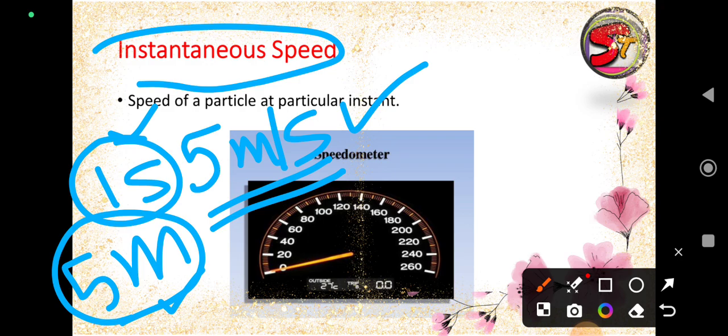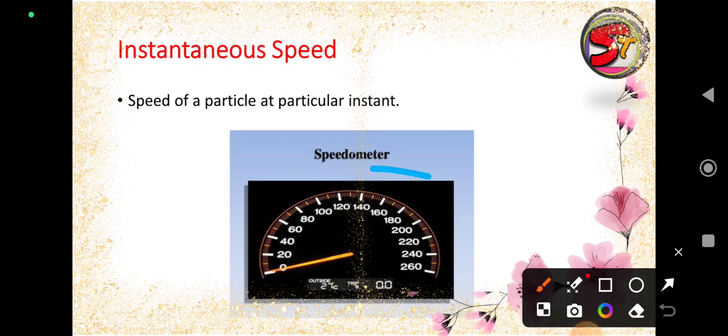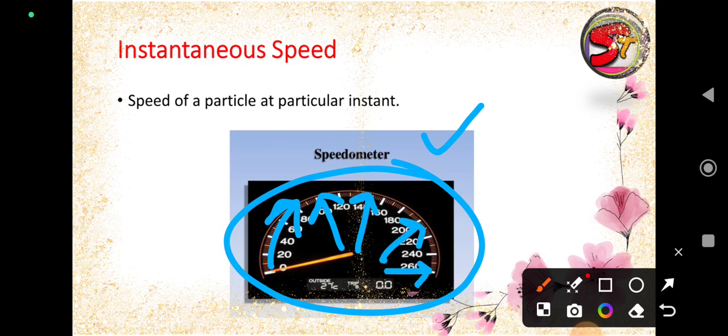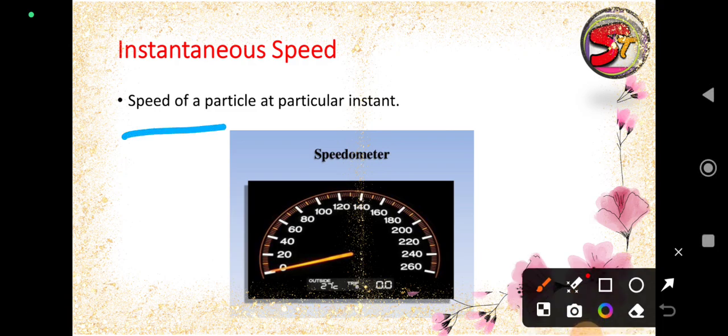In our bike, we have seen this type of figure. This is nothing but what? Speedometer. It means at every instant it will show us at what speed the object is moving, right? So the speed of the particle at that particular instant is called instantaneous speed.